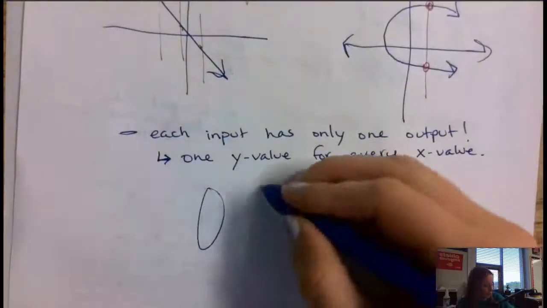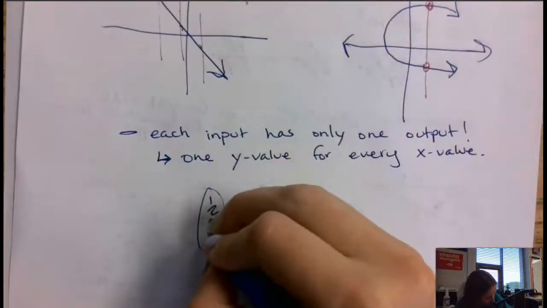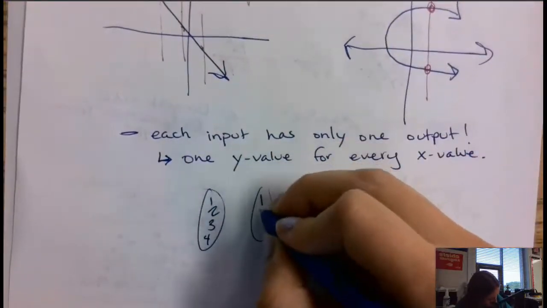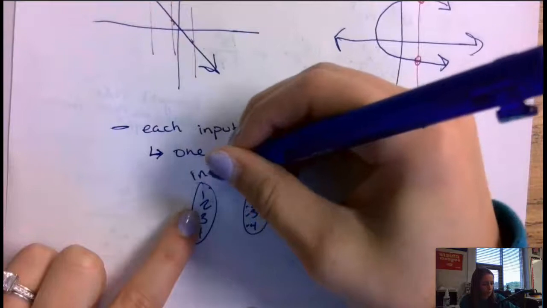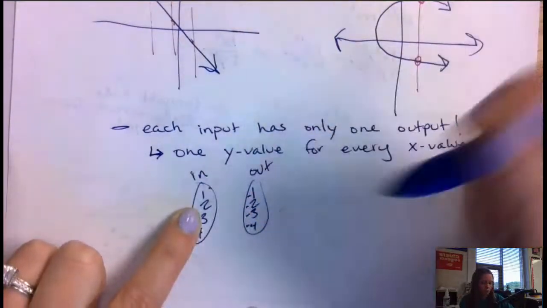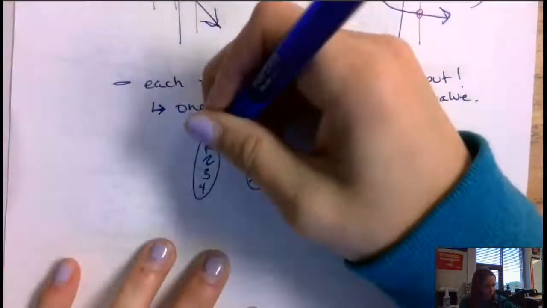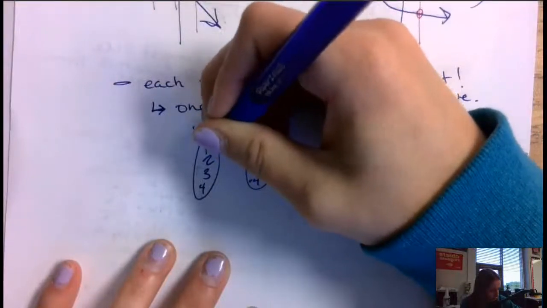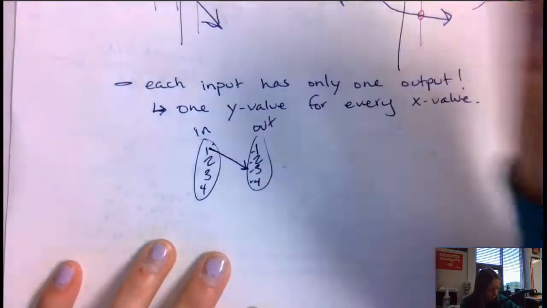So say we have an example like this. Make those all negative. So right here, these are inputs and outputs, X and Y. So let's say if you plug in a 1, you only get a -3.